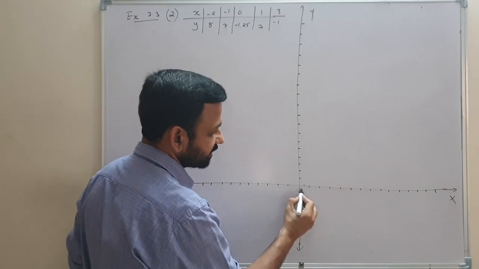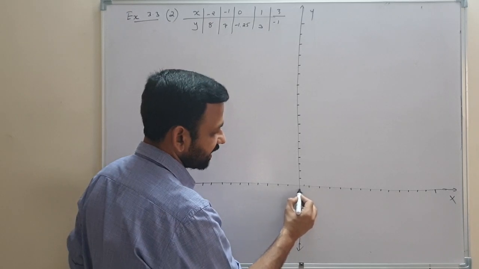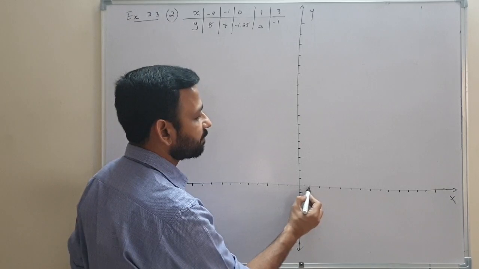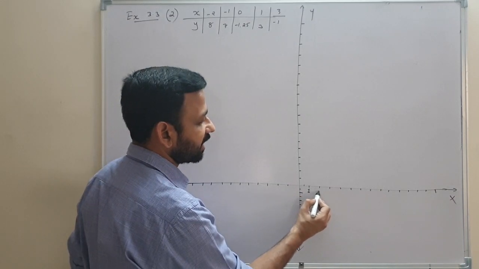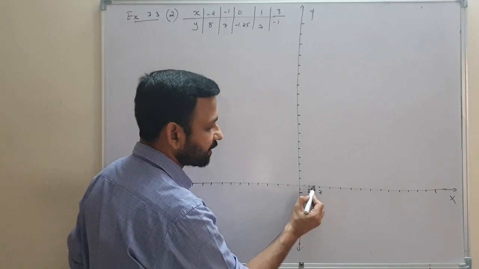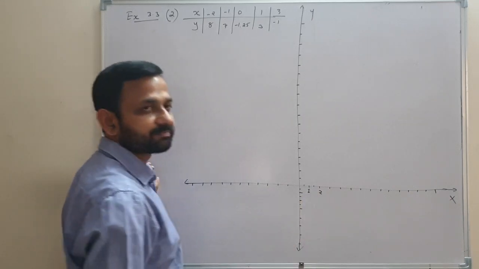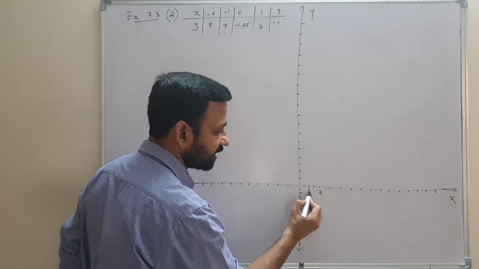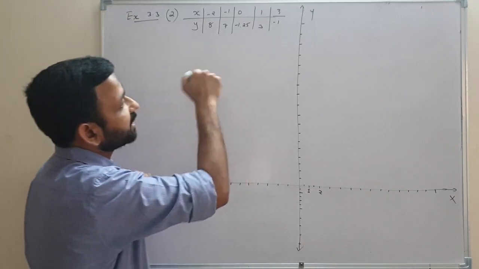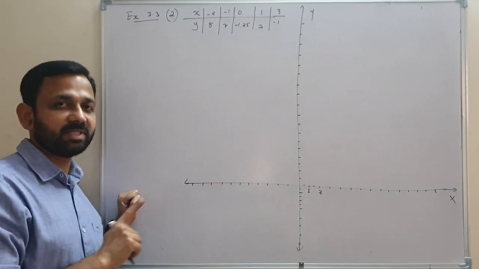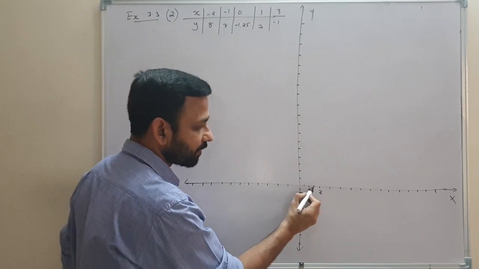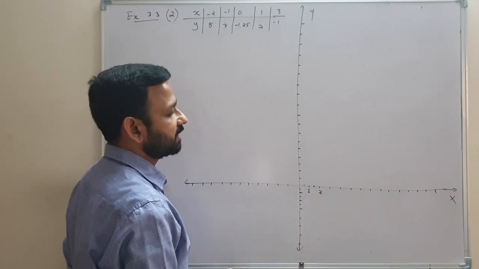So when you take 1 here and 2 here, then 1.5 is the middle one. But we need 1.25, that is minus 1.25.